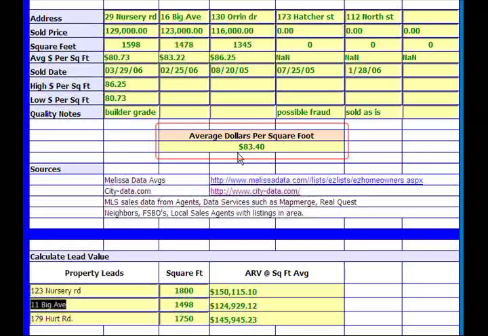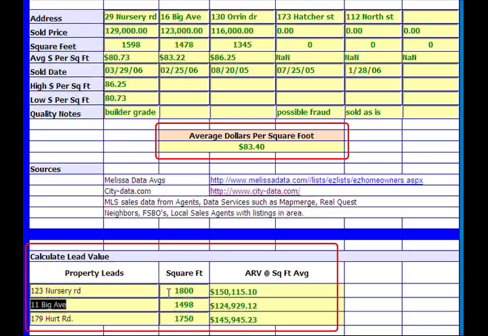You come up with an average for a particular neighborhood based on sales data that you've collected, and then when you enter your leads and the square footage for your leads, it automatically gives you an estimated after repair value based on the dollars per square foot averages for that neighborhood.